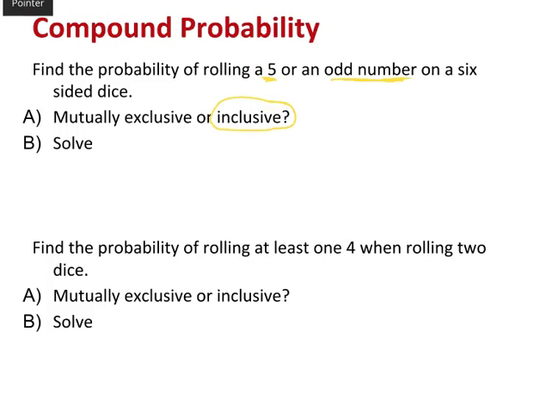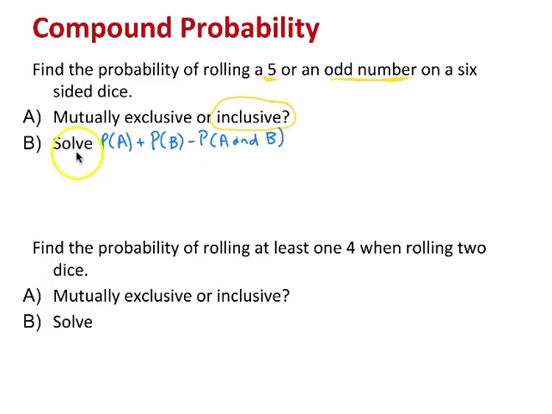All right, so now let's actually find the probability of rolling a 5 or an odd number on a 6-sided die. Remember, when we are finding the probability of mutually inclusive events, we take the probability of our first event, we add to it the probability of our second event, and then we subtract out the probability of both occurring, that overlapping probability.